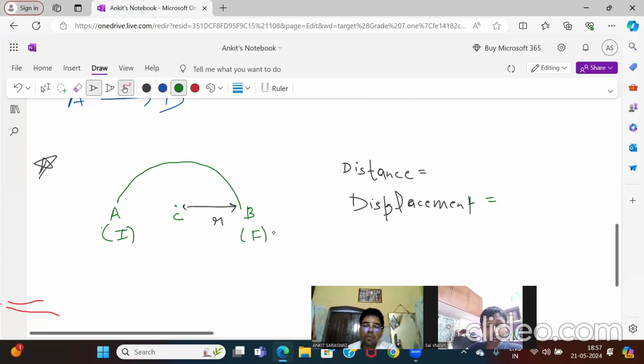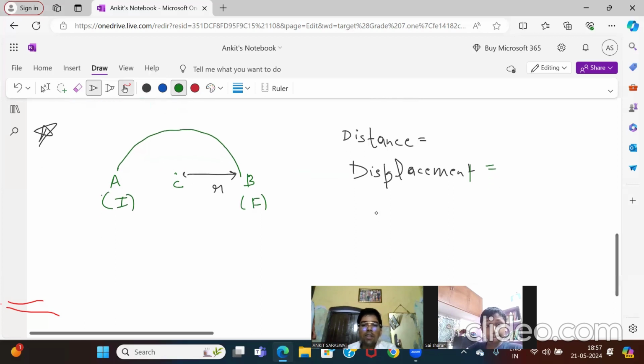I want to know what is the distance, what is the displacement. Remember, sir, distance depends on path, while displacement does not depend on the path. Clear? Sir, distance is the semicircle.